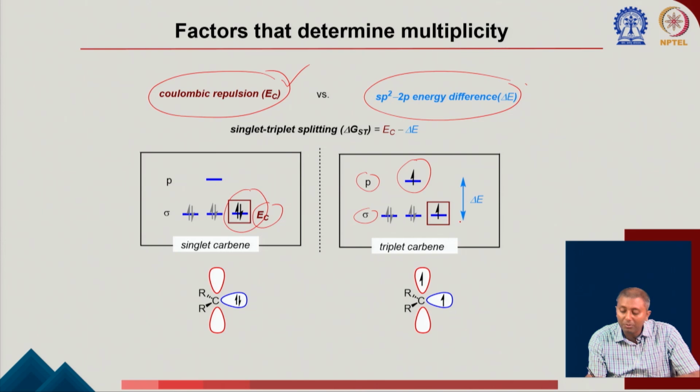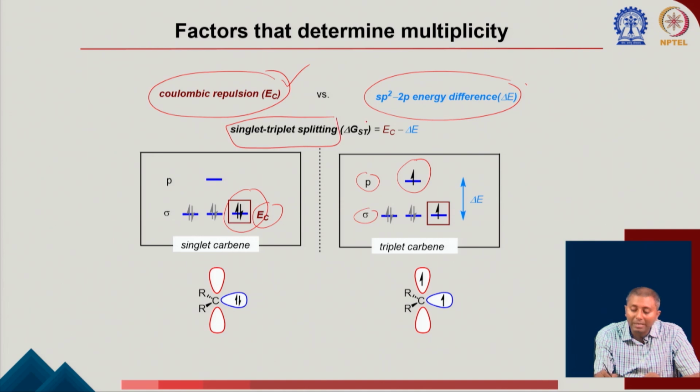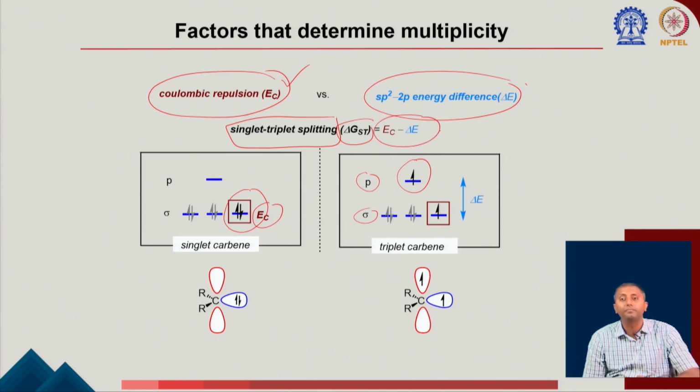So the gap between the sigma and p orbital is the other factor. Now I am going to explain why that gap is important, because this singlet-triplet splitting, delta GST, depends on EC and minus delta E.